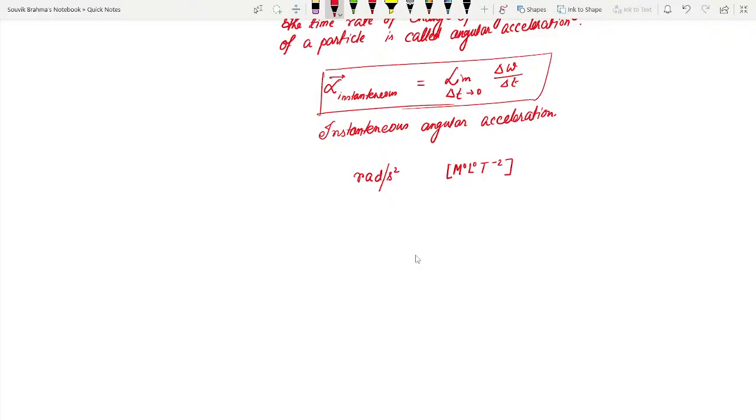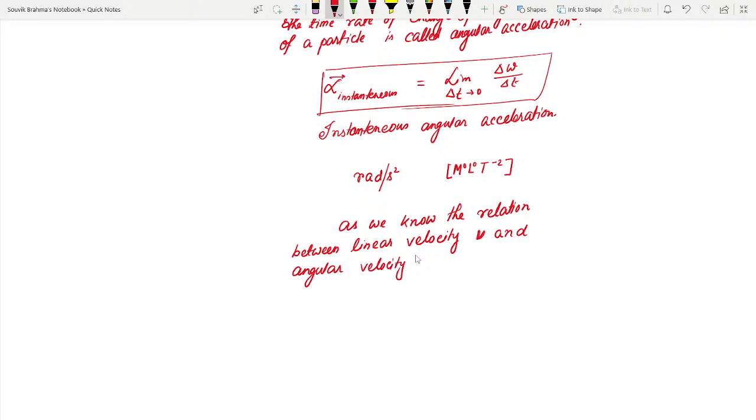Okay, and as we know the relation between linear velocity v and angular velocity omega is v is equal to omega r.